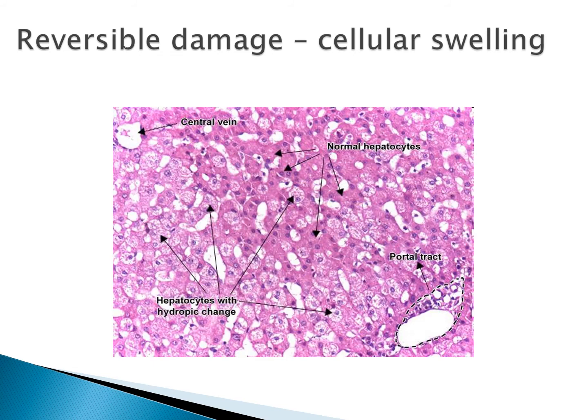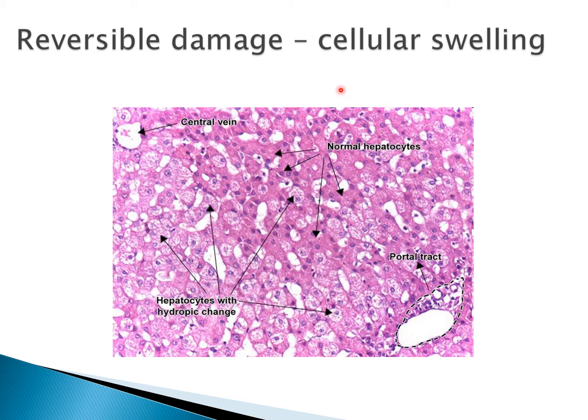Now, cellular swelling can be seen by the naked eye as a swelling of the whole organ. If the whole cells of the organ are swollen, then the whole organ is swollen with an increased size of the organ. Now at the light microscopic level, if we take a biopsy from the injured tissue, like for example in this picture here, you can see this is a section from the liver.